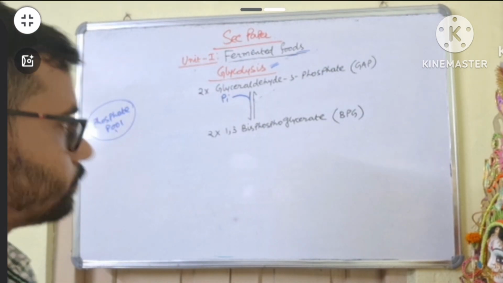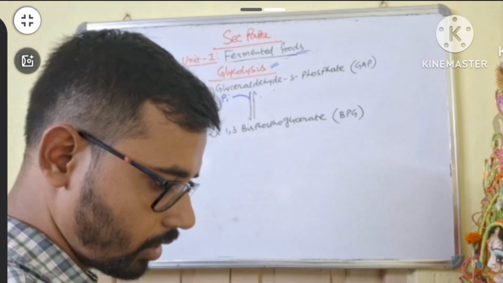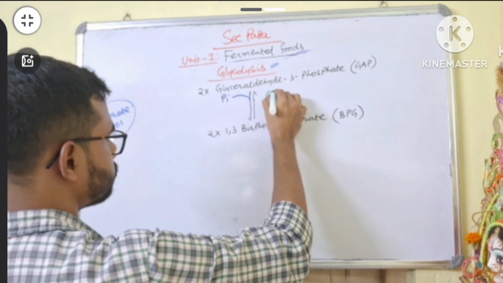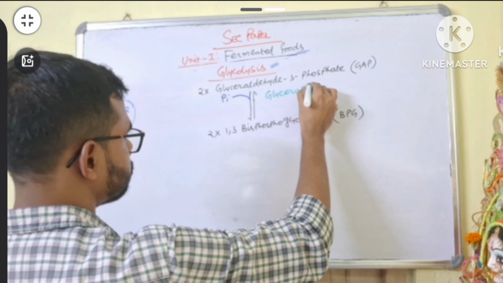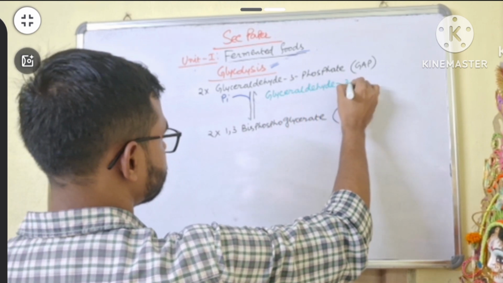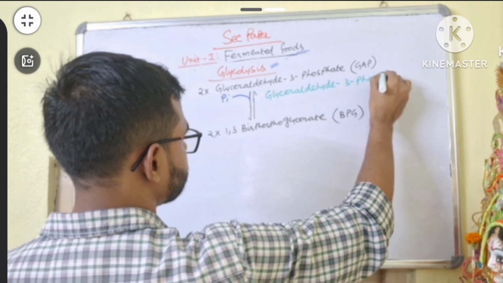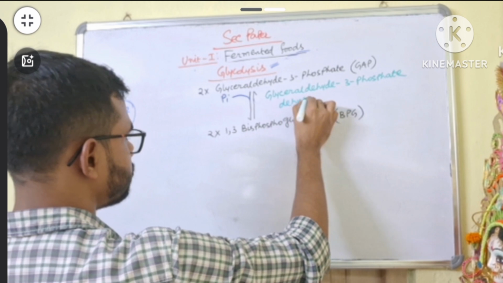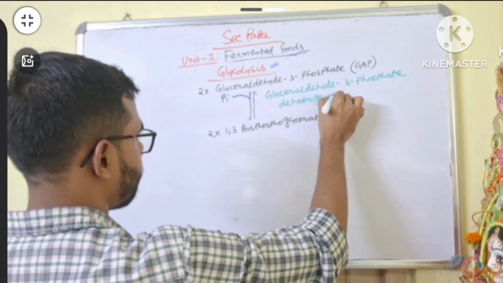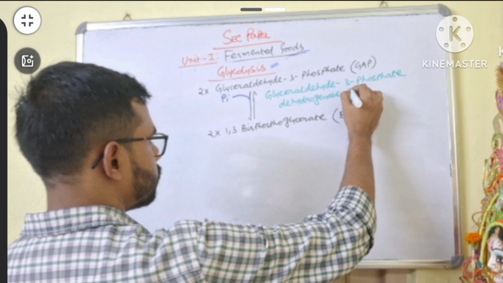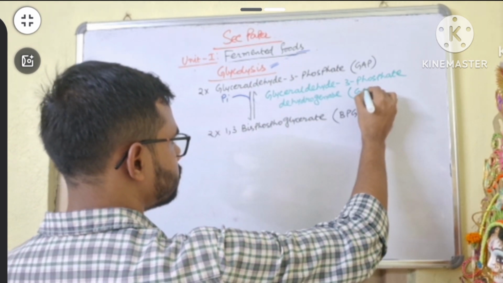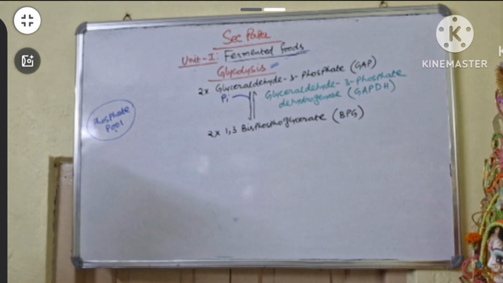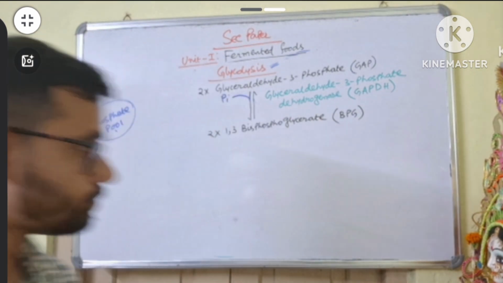The enzyme here is glyceraldehyde 3-phosphate dehydrogenase, short name GAP-DH.